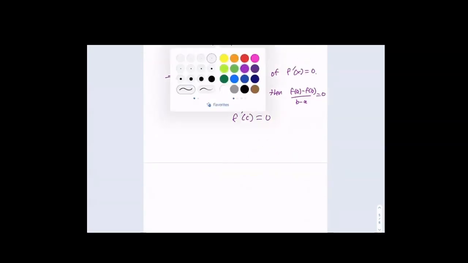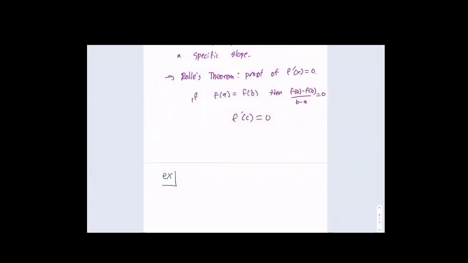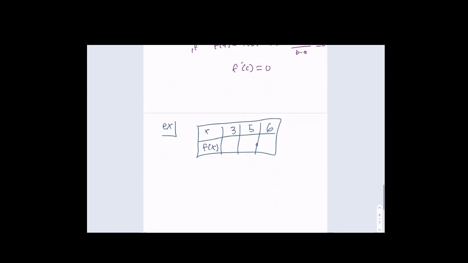Now, in an example, and we're not doing the example from the previous one yet, if I gave you a table of values, and I gave you x and I gave you f of x, and I gave you 3, 5, 6 as the x values, and then I had 2, 4, 2.